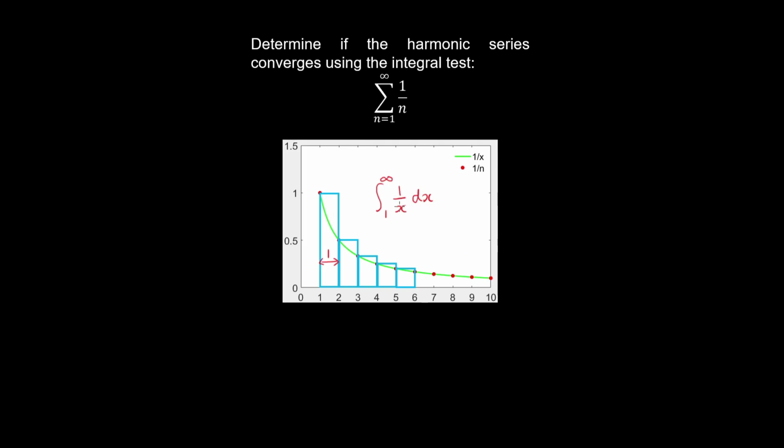And if this integral diverges, then so does the series, because that gives a larger area than that under the curve. So we can evaluate this improper integral using dummy variables. And this gives the following result.